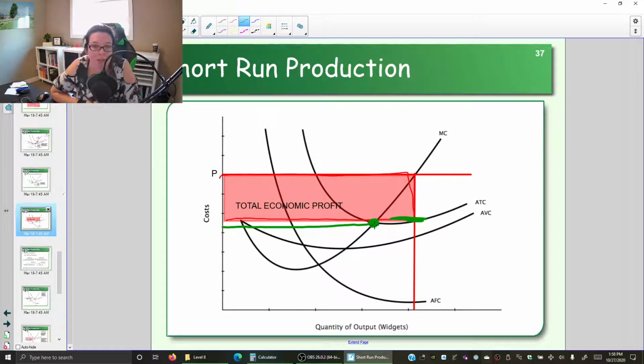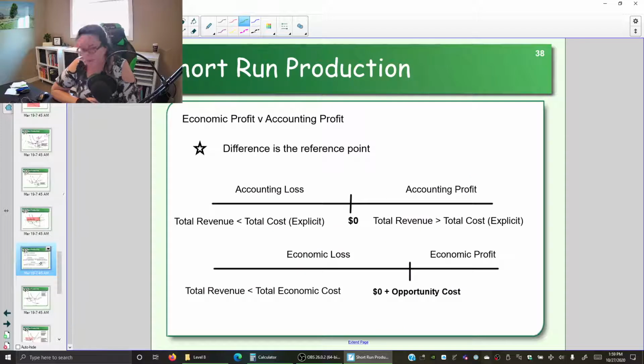If the price is higher, then you may end up at a point at which the average total cost curve has gone up, in which case when we calculate the economic profit, it's not from the break-even price, it's from a point above that. When we talk about economic profit, we need to differentiate between economic profit and accounting profit.